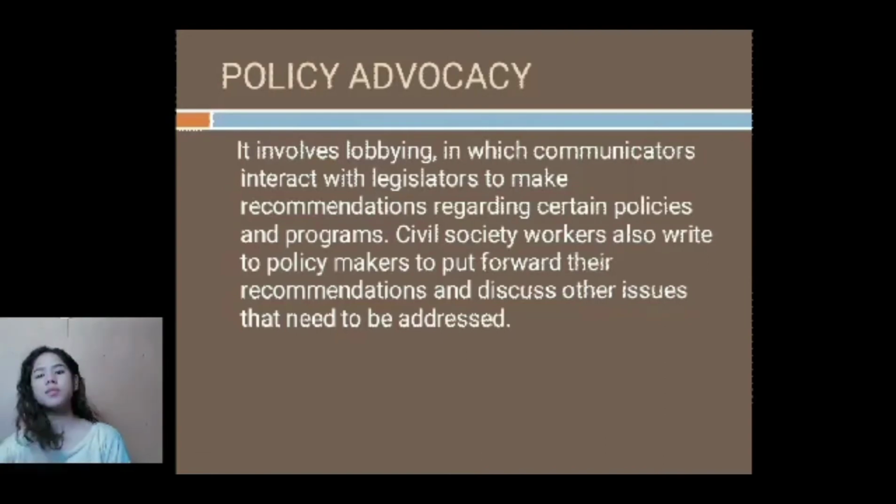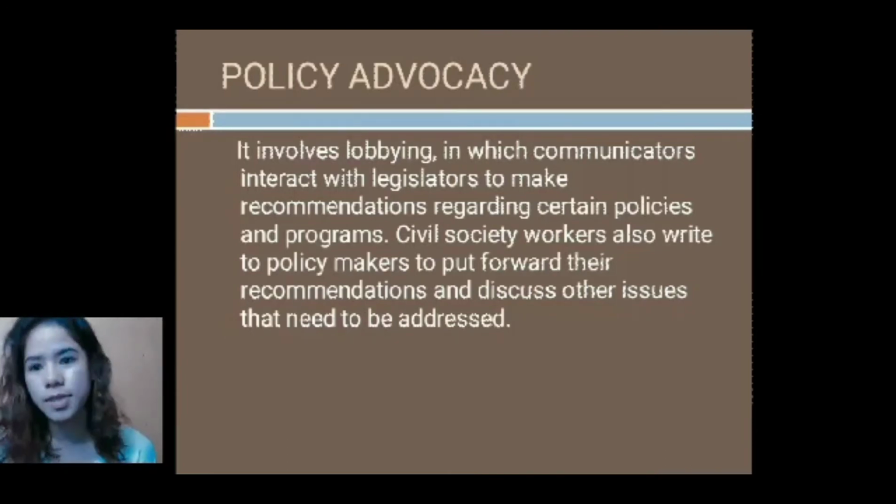So, usually, yung mga journalists, tapos yung mga civil society workers din, doon nila sinasuggest yung mga plano nilang changes para sa isang society, para ma-approve and mabago na yung society.